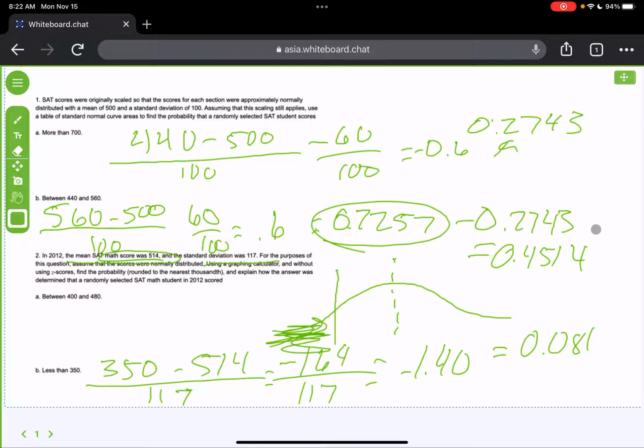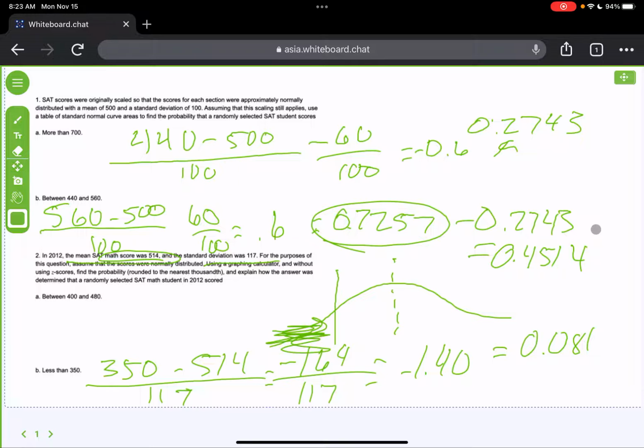Alright, do A right quick, or tell me what you got if you've done A. What did you get for A? You got a negative percentage? What did anybody else get? Okay, good.